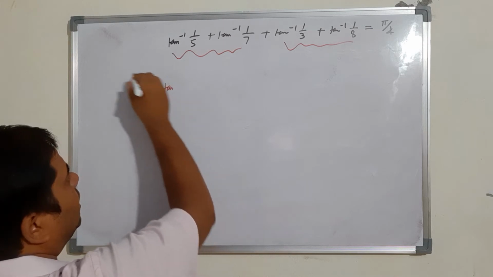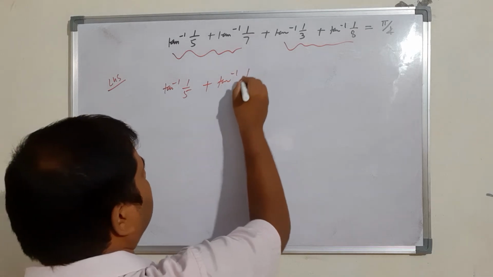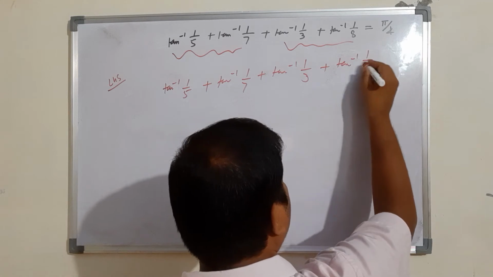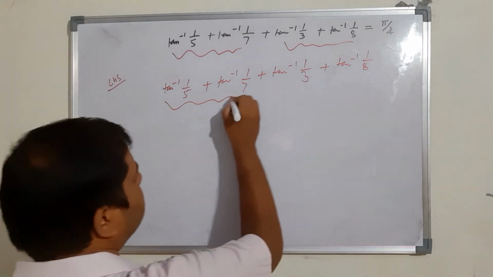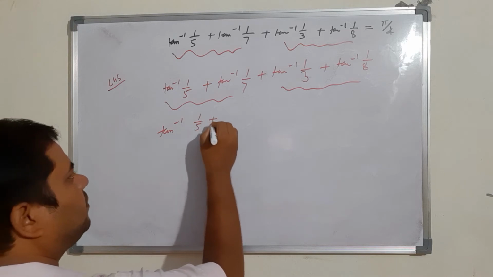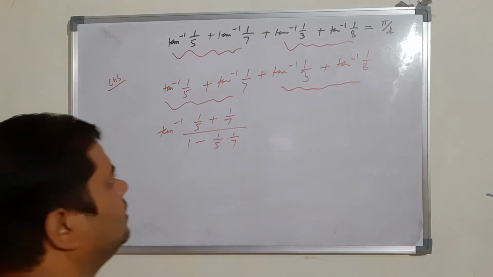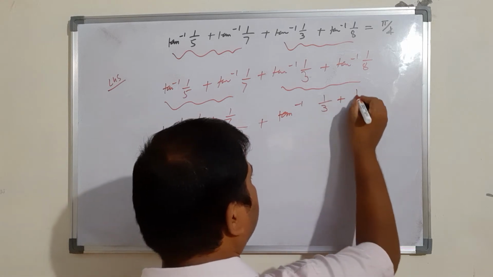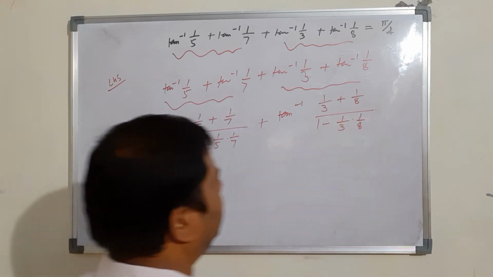On the LHS, taking the first two terms together, we get tan inverse of (1 by 5 plus 1 by 7) divided by (1 minus 1 by 5 into 1 by 7), and also tan inverse of (1 by 3 plus 1 by 8) divided by (1 minus 1 by 3 into 1 by 8).